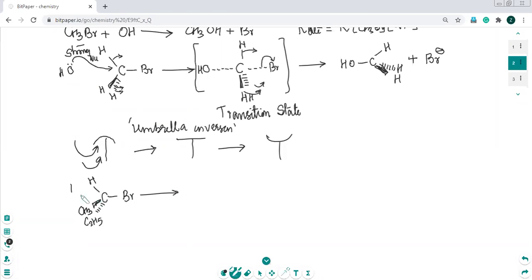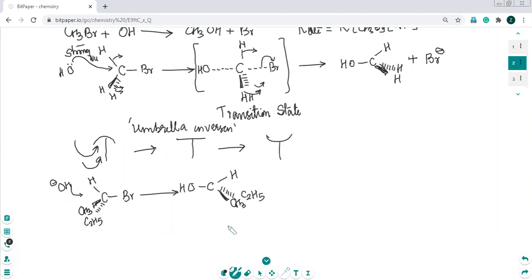Now I react this with OH minus, potassium hydroxide, in water, aqueous medium. What will I get? I'll get the OH here, H here, CH3 coming to the front, and C2H5 goes to the back.